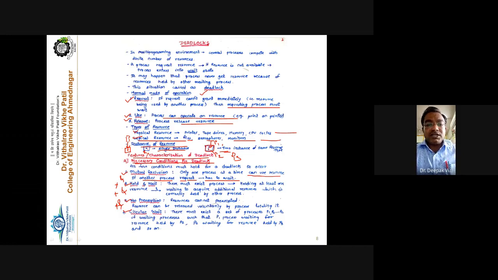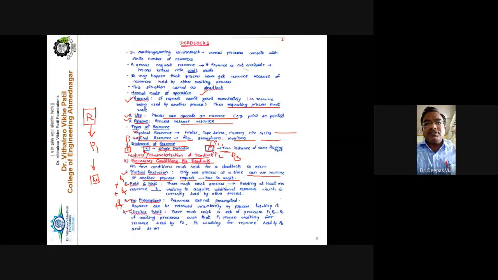Hold and wait. The second necessary condition for the deadlock to occur is hold and wait. There must exist some process. Say for example, this is my resource, R1, and this resource is being allocated to process P1, right? And this P1 is now requesting some other resource, that is R2.